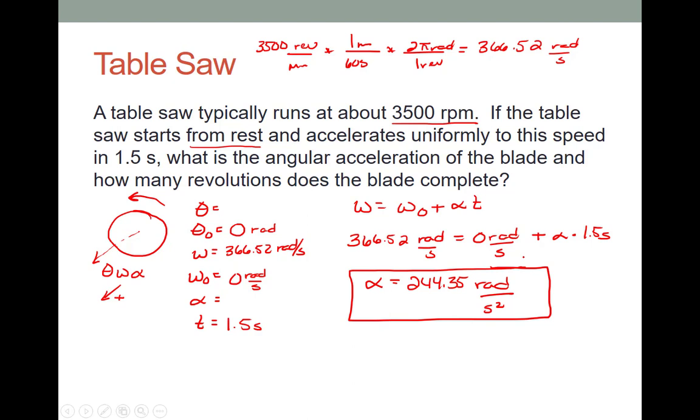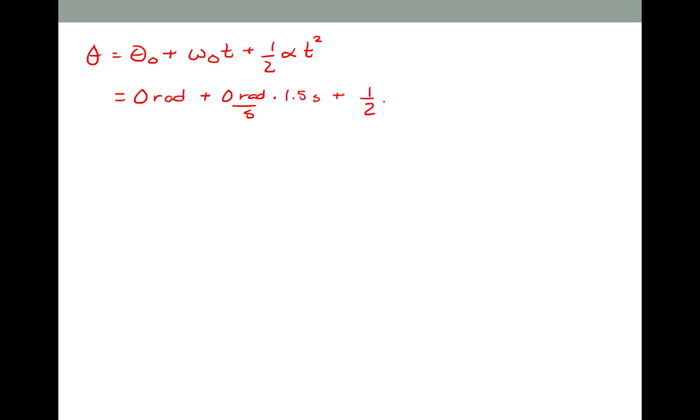To find the angular position, the easiest way to do that is to use this equation, now that I know the angular acceleration. Initial angle we set to be 0. Initial angular velocity was also 0 because it started from rest. Alpha was 244.35 radians per second squared.